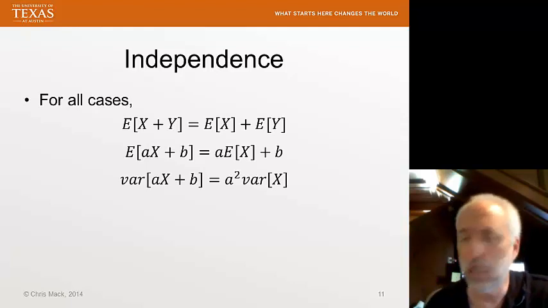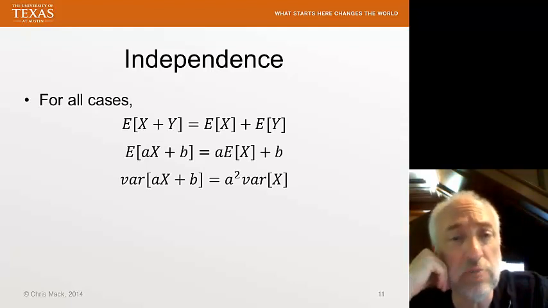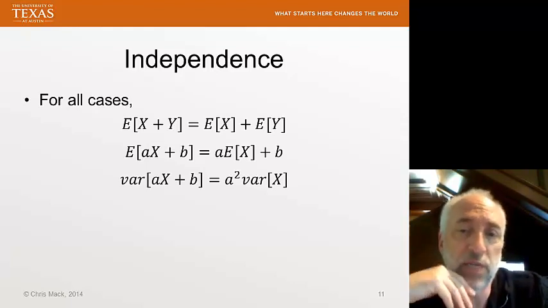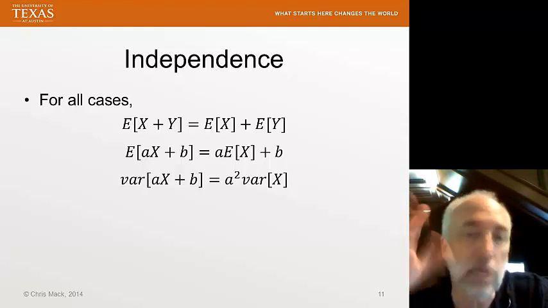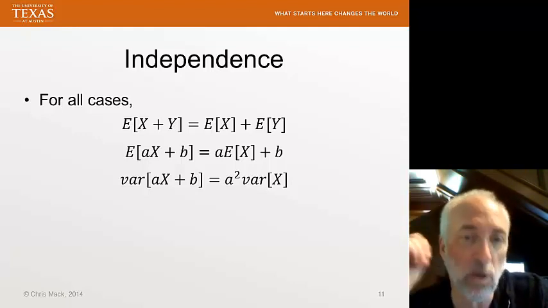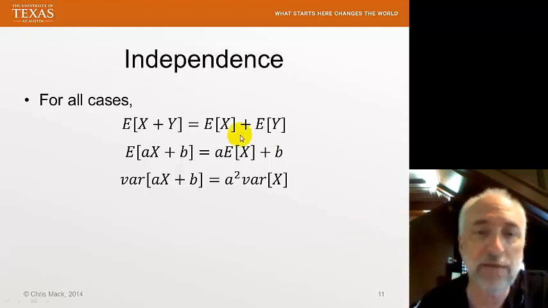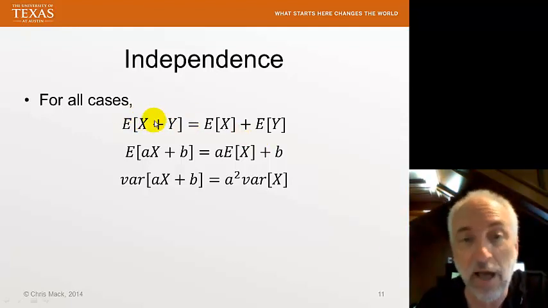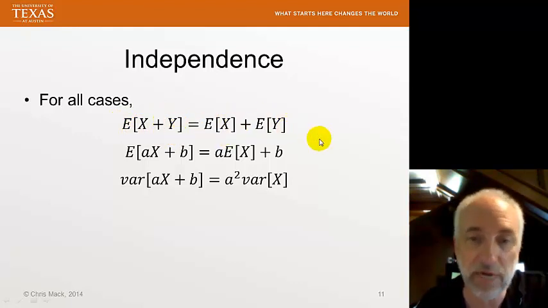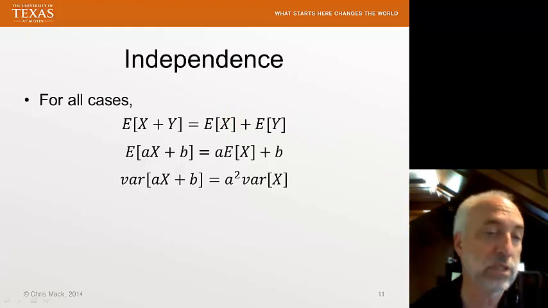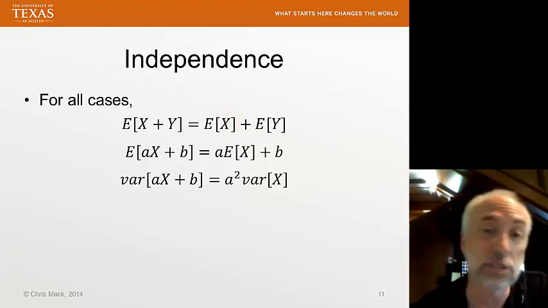Before doing so, let me show you some general properties of expectation and variance for any two random variables, x and y. If I have any two random variables, whether they're independent or not, the expectation of their sum is the sum of their expectations. You can easily prove that. Since the definition of expectation is linear, we get this linear result.